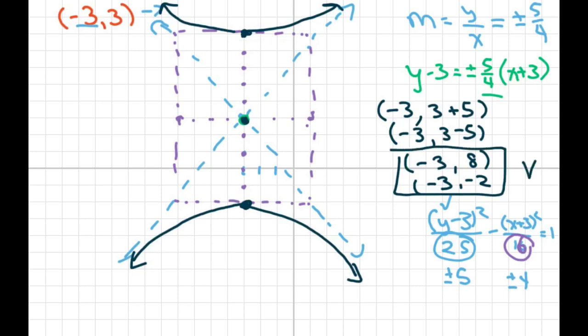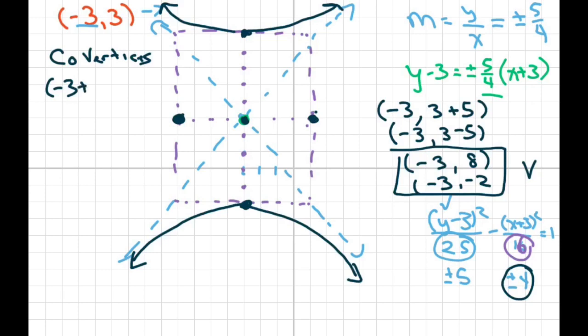Your co-vertices are these right here. Here are your co-vertices. We started at negative 3, and under this x here, we added and subtracted 4.